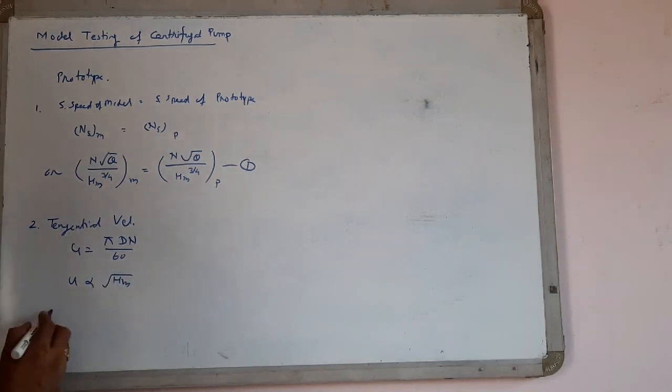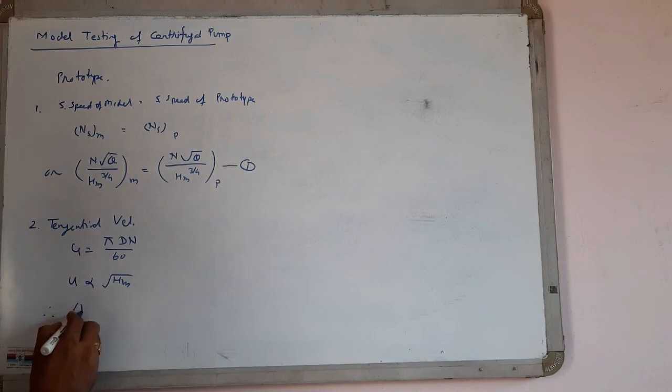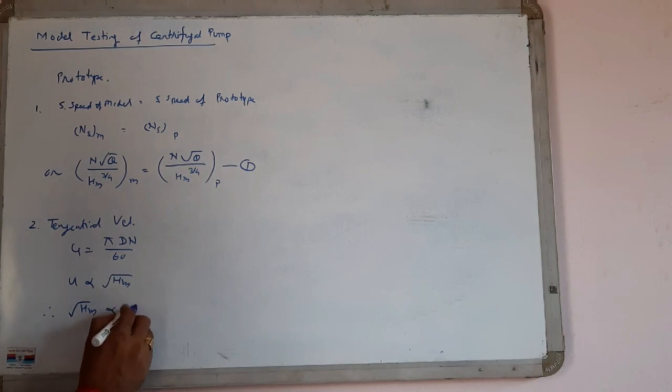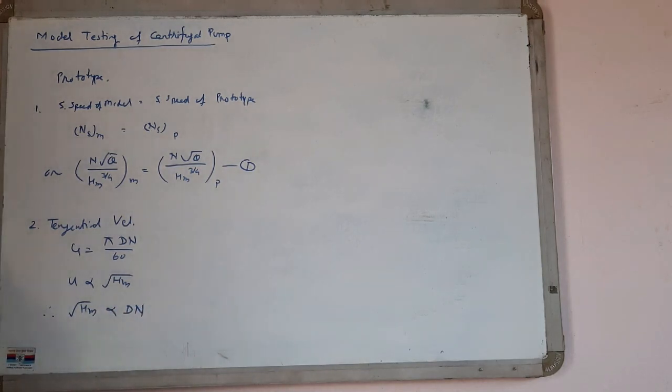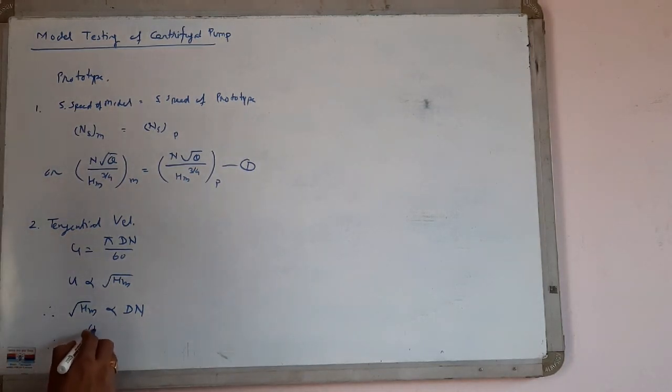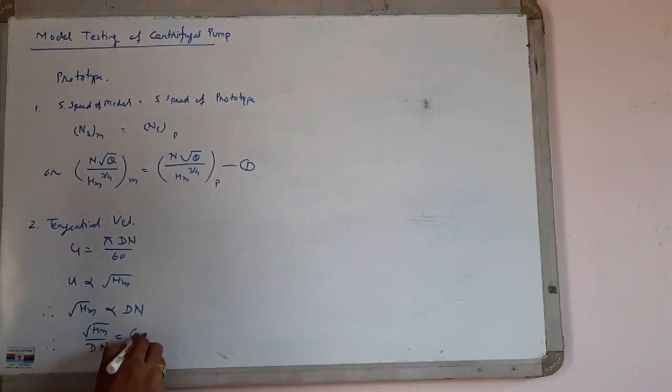So root Hm is proportional to D N. So root Hm by D N equals a constant.